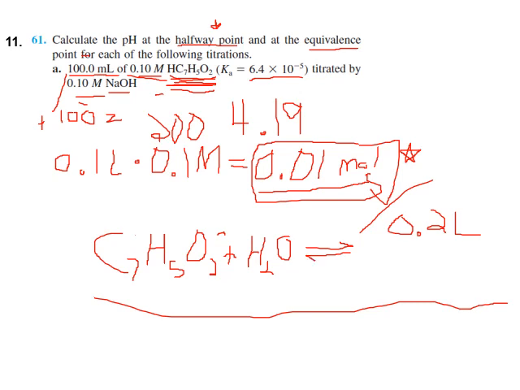Well, this minus charge will pluck a proton off of the water and reconstitute the heptanoic acid, which would be C7 with the H in front of it, and then H5O2.